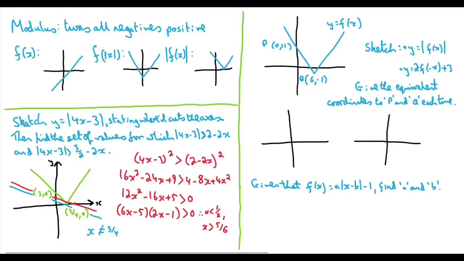And each time give the coordinates of P and Q. And then once you've done that, given that the actual equation of f(x) does have a modulus in it, that it's a times the modulus of (x minus b) minus 1, find what a and b must be.